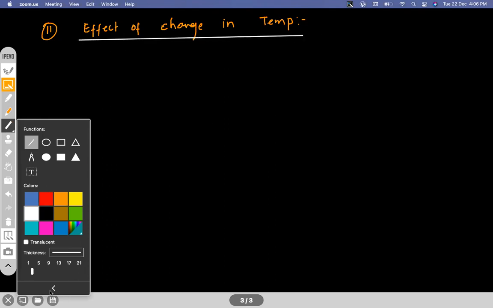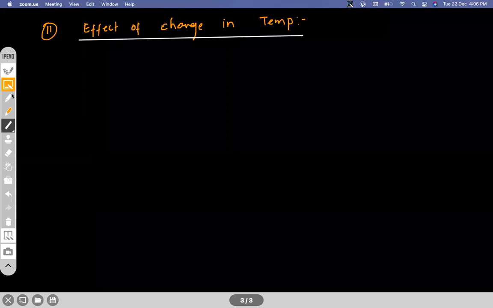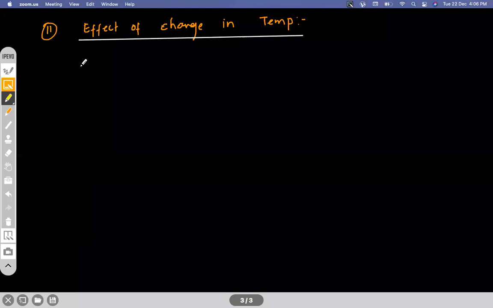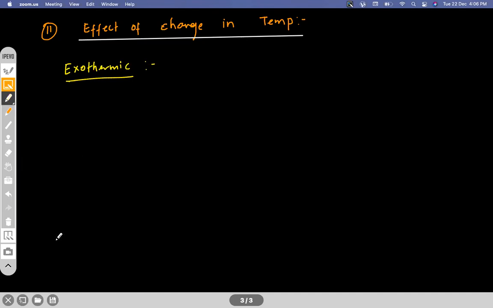So here also, what happens when you change temperature? We have two different types of reaction possible: exothermic reaction and endothermic reaction. How do we understand how the reaction will proceed in the forward and backward direction?